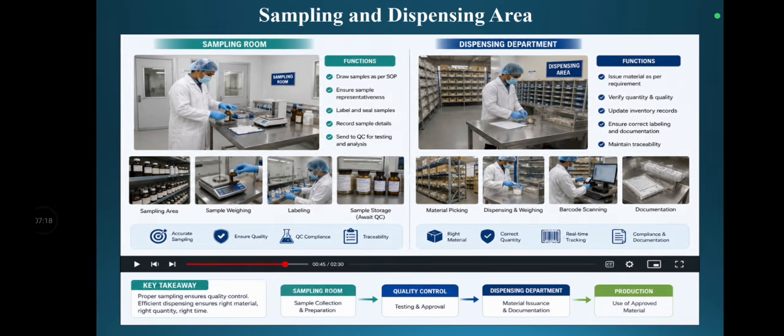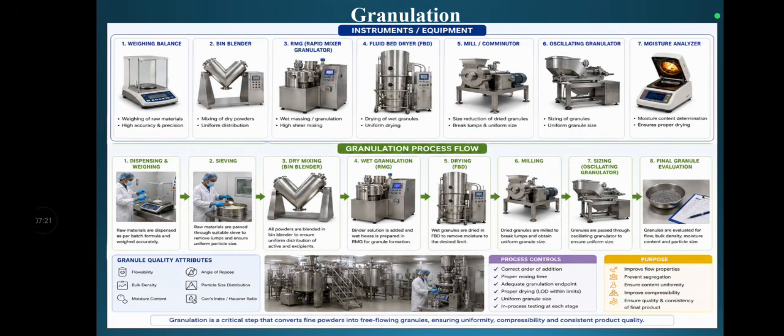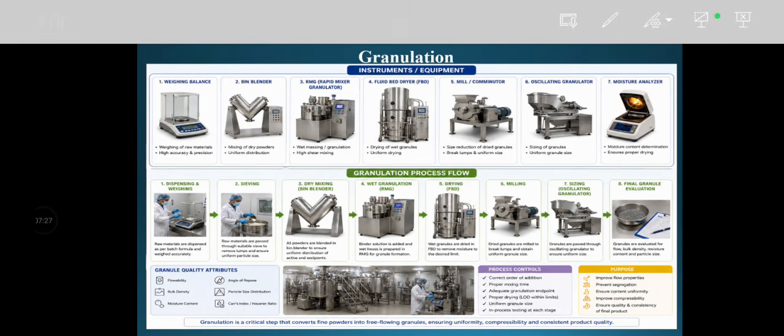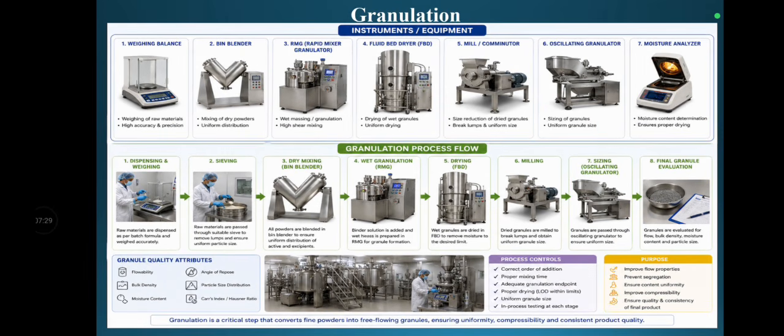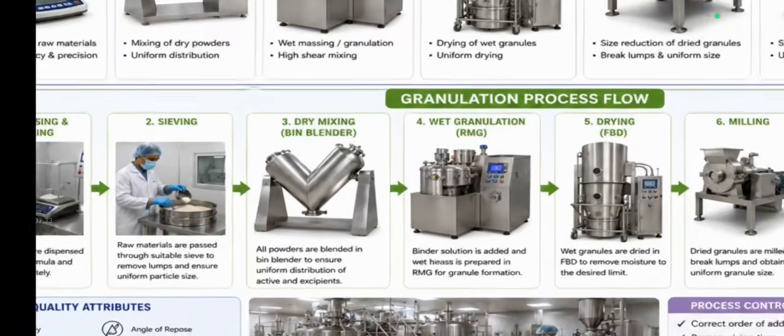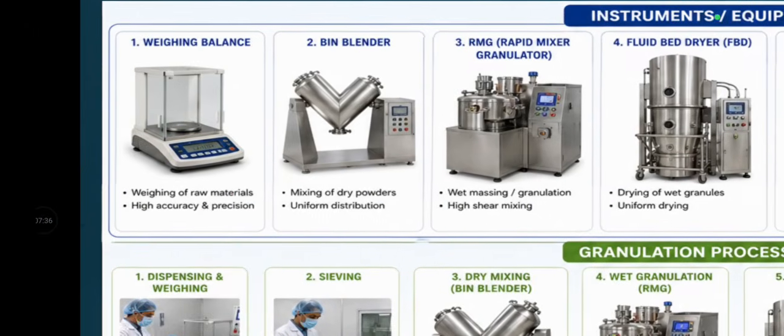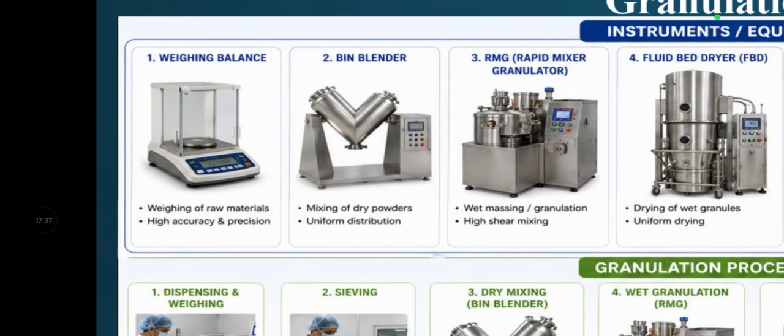Next is the granulation. See, this is the granulation department, also available in the pharmaceutical plant. So we will see the instruments and the process of this particular granulation. These instruments are useful in the granulation department: the weighing balance, where the weighing activity is done, then blenders for the blending activity.